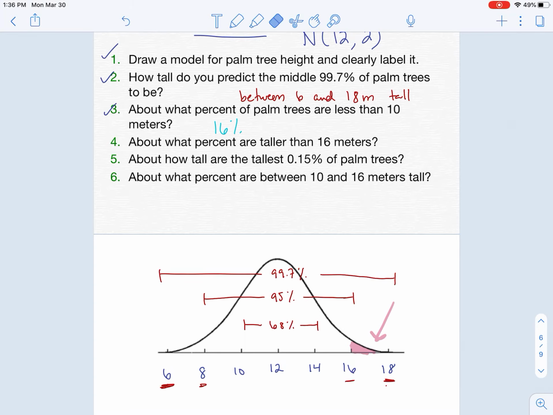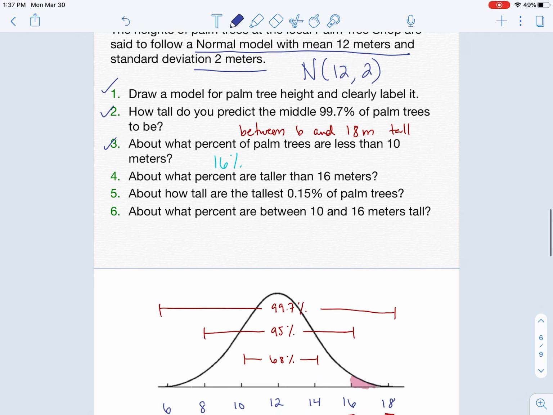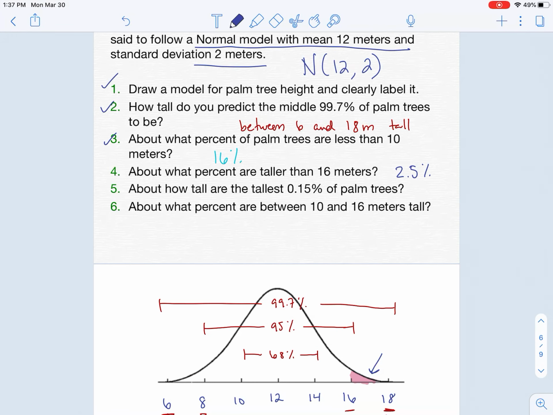I could also use my chart way up here, so something above 2 standard deviations from the mean. That's this part right here. 0.235 and 0.15. It is 2.5%. That is the answer. 2.5%.